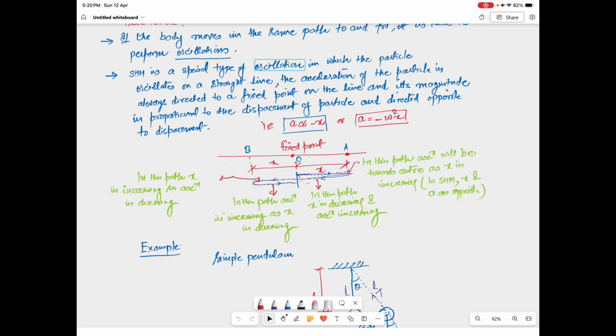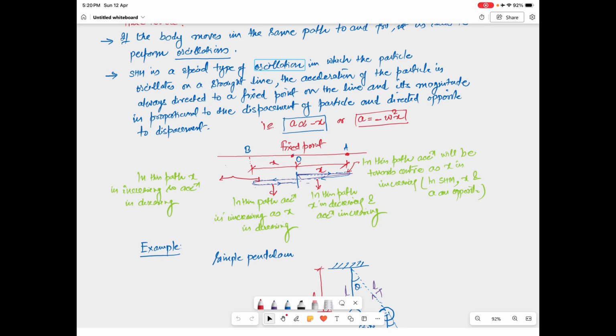This I have drawn. In all the cases, in the first path while traveling from O to A, the acceleration will be towards the center, it will decrease as x is increasing because the displacement is increasing. So acceleration is opposite to the displacement, so it will be directed towards the center.